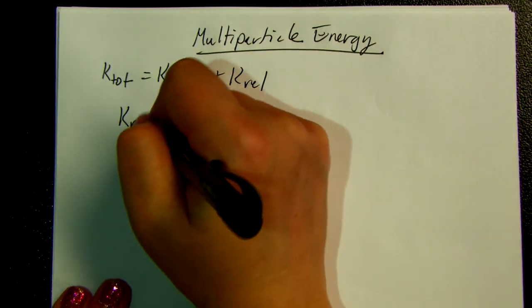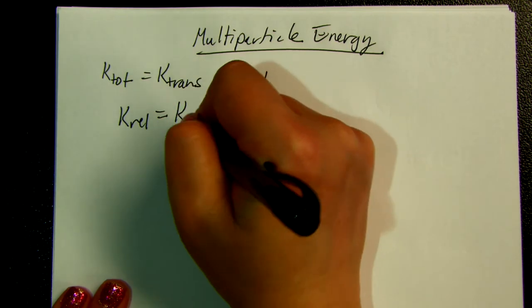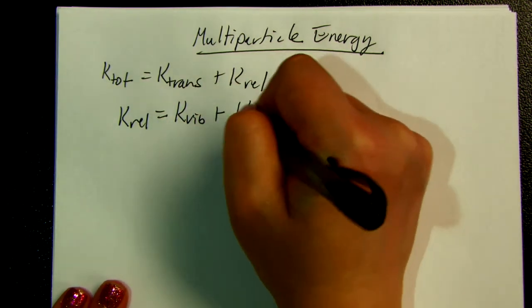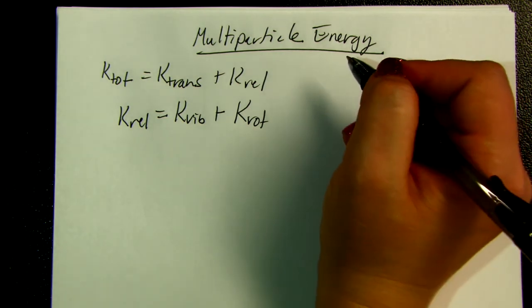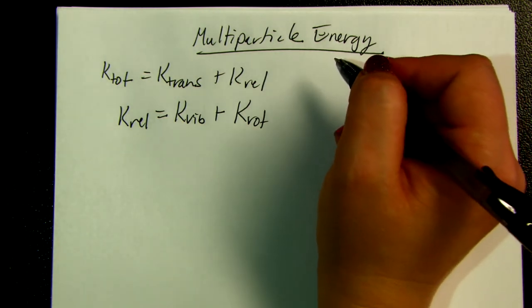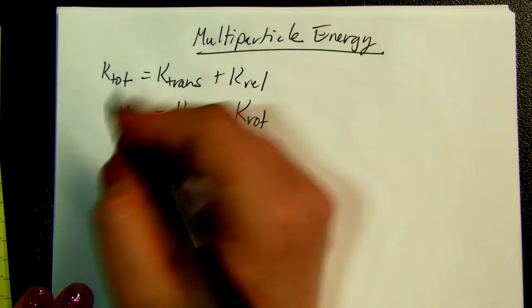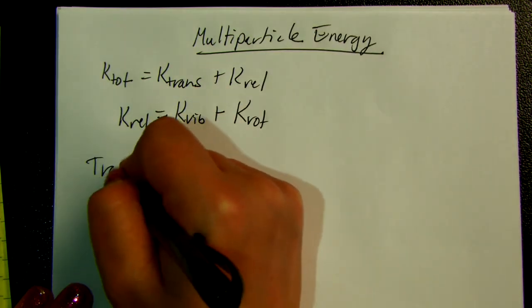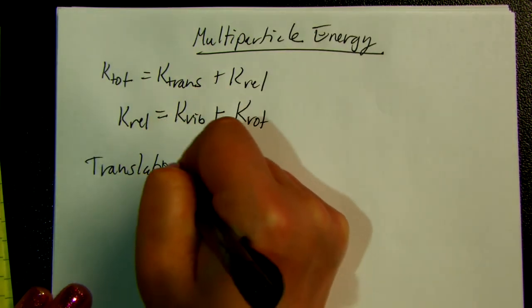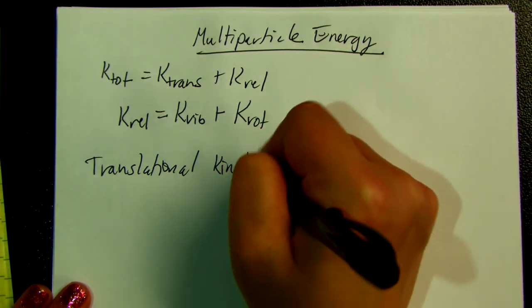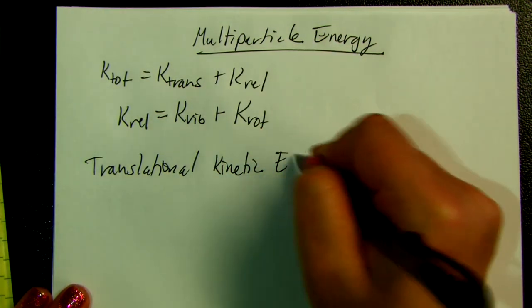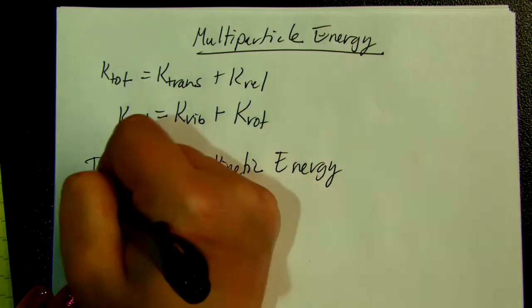K relative is equal to K vibrational plus K rotational. All right, so let's talk about each one of these. Translational, including just a deeper discussion of what we already know how to do, which is translational kinetic energy.